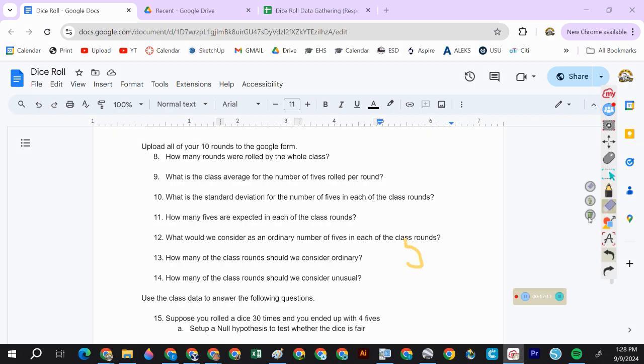Oh boy, I better go up to the board. So we would expect 5 plus or minus 2.24, which is... let's make this easy, let's just say 5.2 or 2.2. So that would be 3.8 up to 7.2.